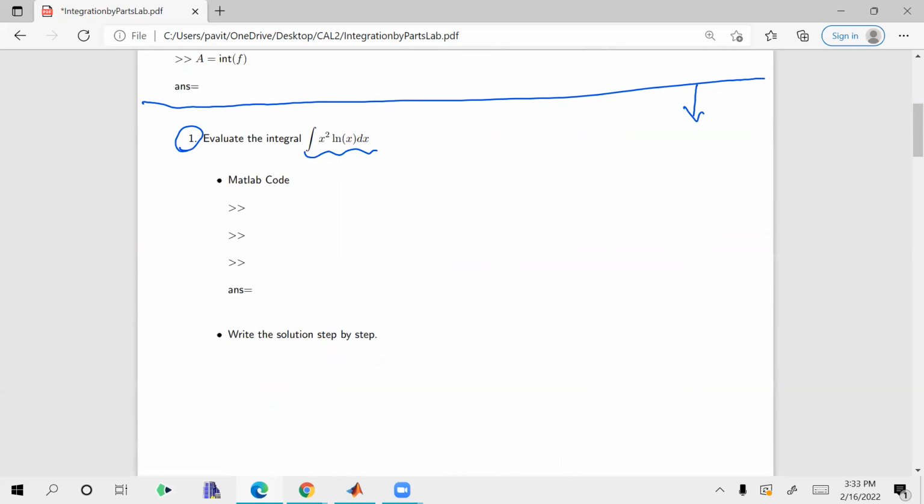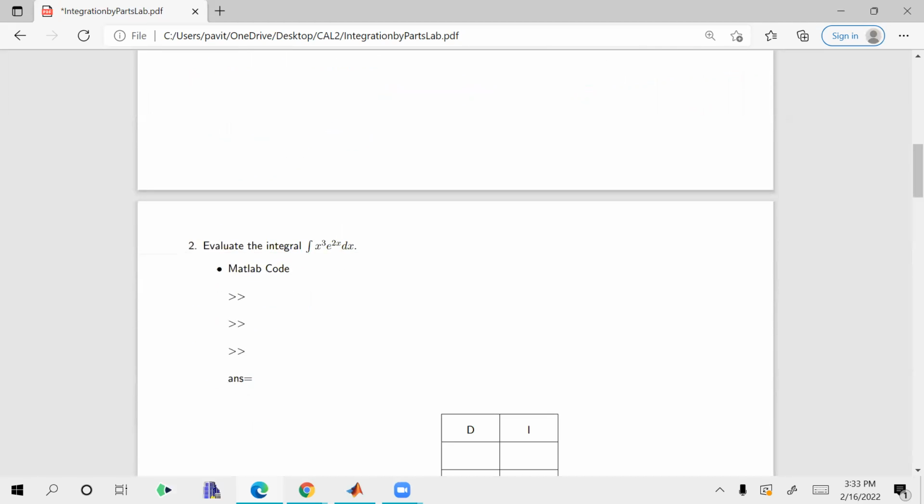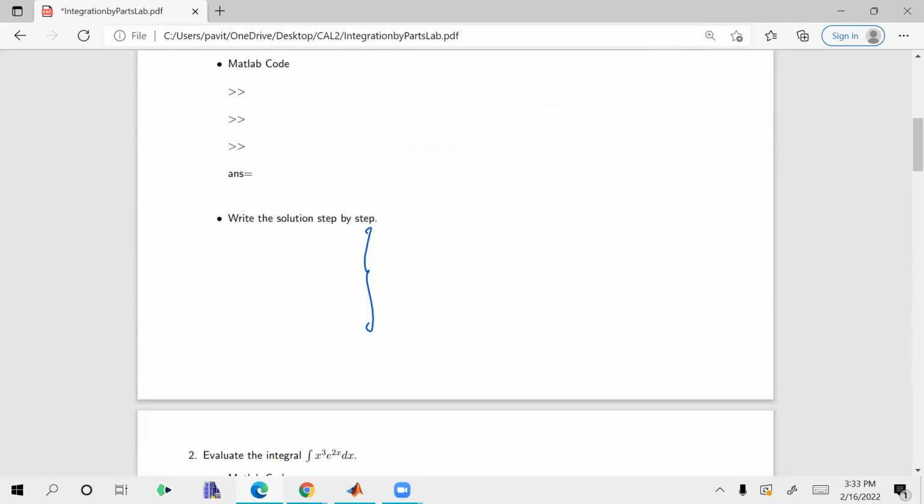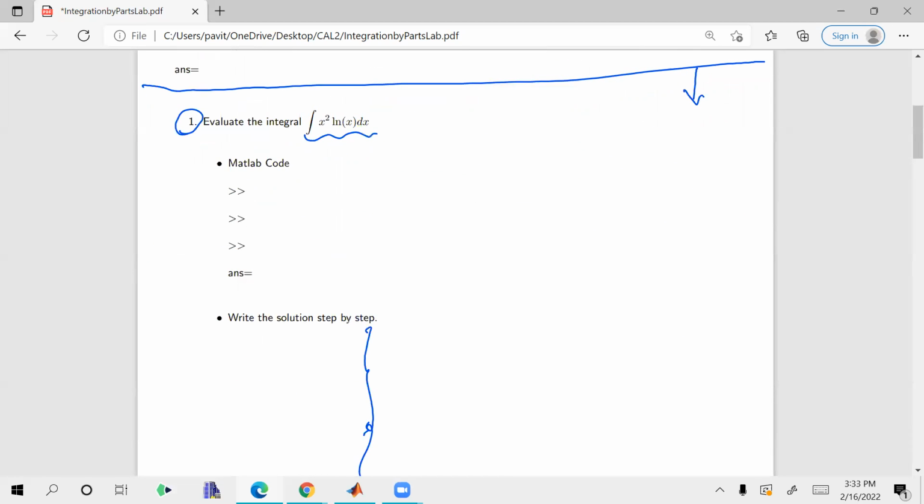Okay, now what documents do you have to submit to the Blackboard as assignment? Now for that question, I don't think you can do your hand calculations in this space. So if you are comfortable, you can use this document. If not, you have to do your hand calculations in a sheet of paper, scan it, upload it to the Blackboard, along with a Matlab PDF.